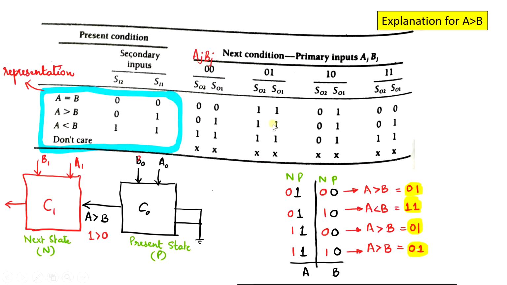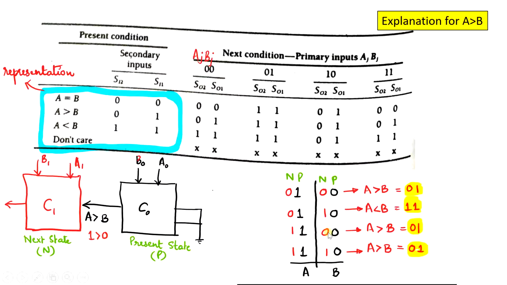That is why you have 1, 1 here. 3 is greater than 0, A greater than B encoded as 0, 1. That is why corresponding to 1, 0 you have a 0, 1 here. 1, 1 is greater than 1, 0, again encoded as 0, 1. That is why corresponding to 1, 1 you have 0, 1 here. So in this case, only one condition exists, that is 1 greater than 0.